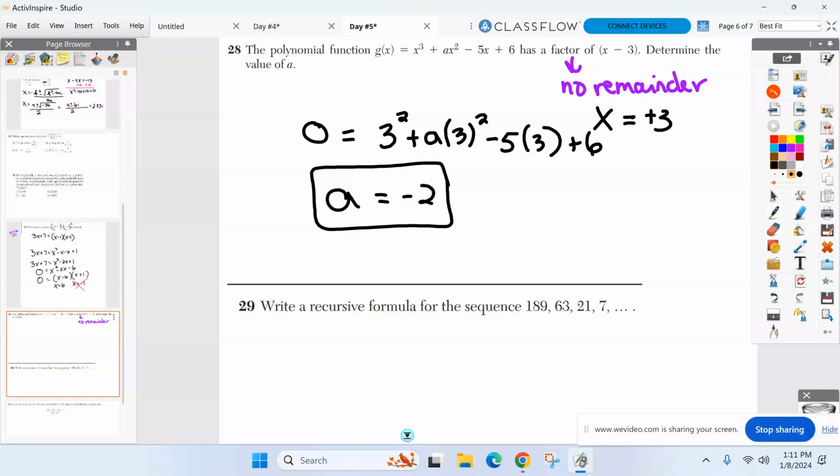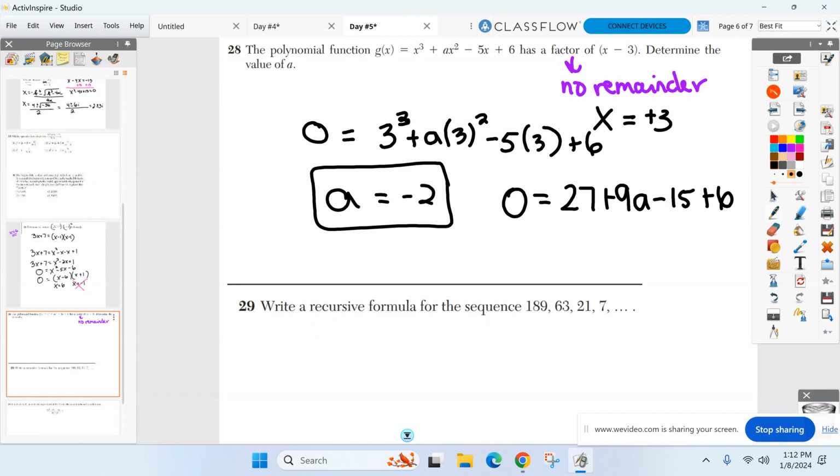Yes. Where was I supposed to plug in A if I just did it with the calculations? Well, you can't do that yet. If I used this without using equations, it would be 0 equals 27, that's cubed, sorry, 27 plus 9a minus 15 plus 6, right?